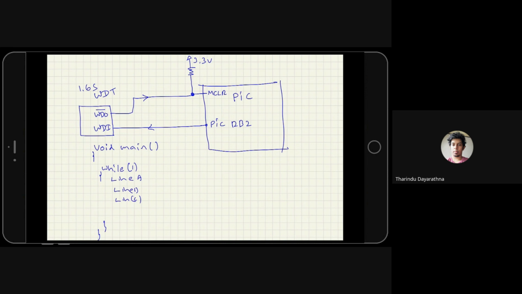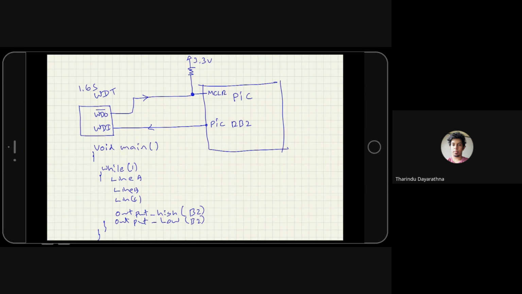At the end, we need to make sure this output goes high on B2 and then output low on B2. This is how we restart the watchdog timer.